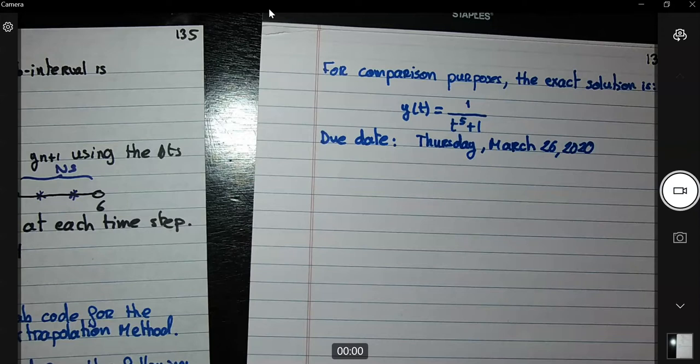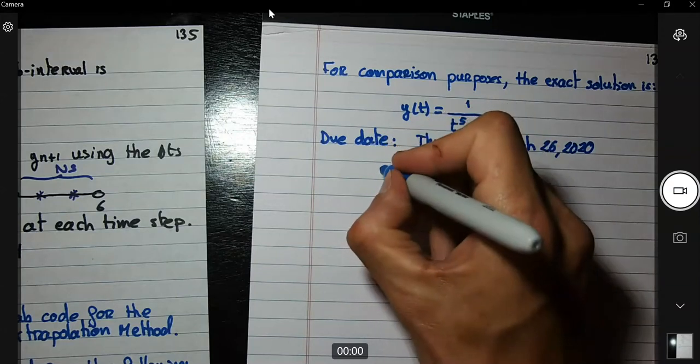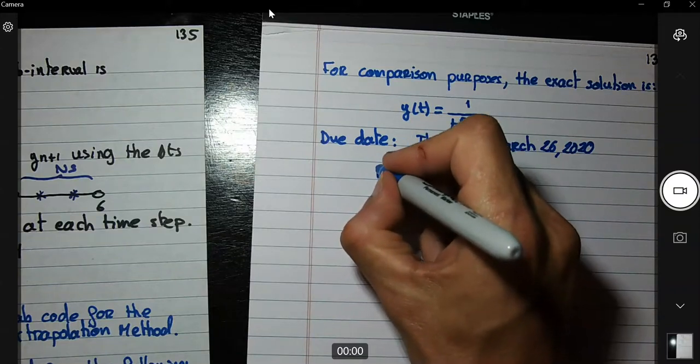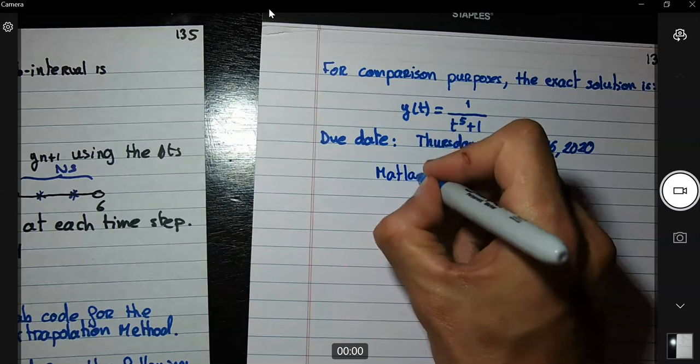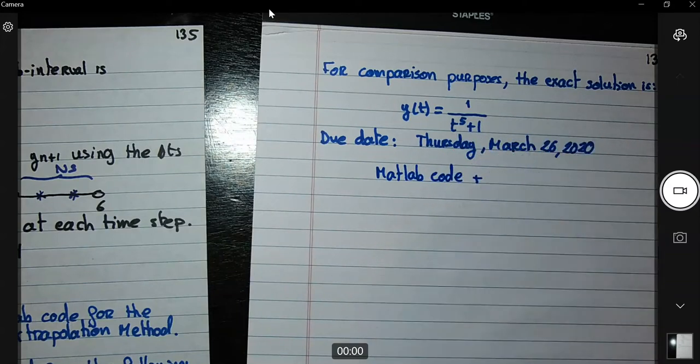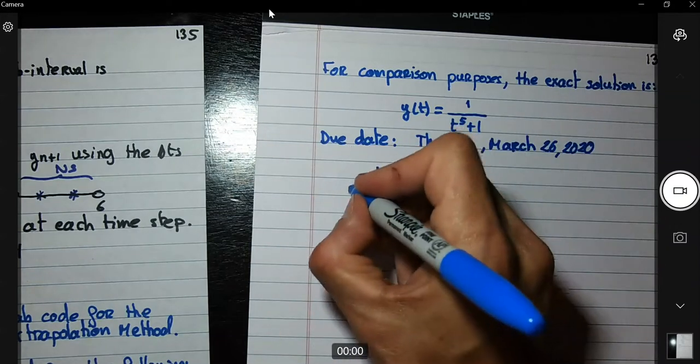All right, so basically what I want to see is you need to attach the MATLAB code. That's really what I want to see. Plus, let's say, what do we have for n equal 10?